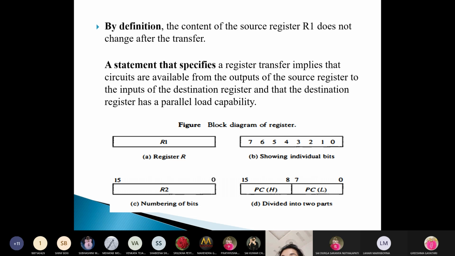The symbolic PC(0-7) or PL refers to the program counter's low order byte, and PC(8-15) or PH is the high order byte. So 0 to 7 is the low order byte, and 8 to 15 is the high order byte.